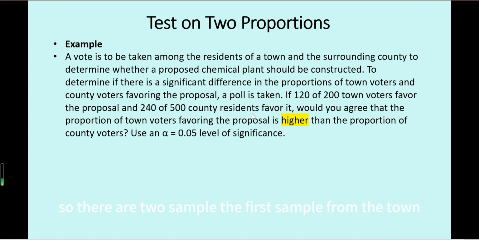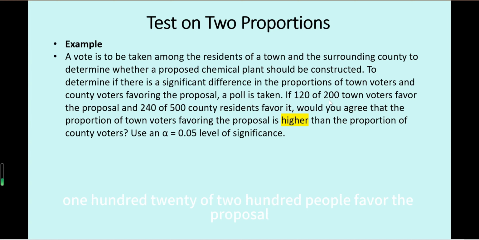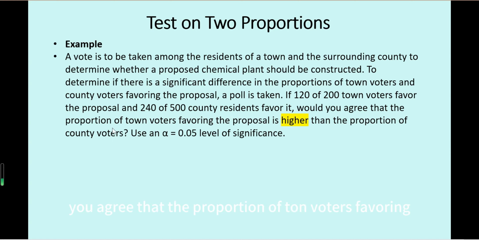The first sample from the town, 120 of 200 people favor the proposal. And for the country residents, 240 people of 500 sample size favor it. So the question is, would you agree that the proportion of town voters favoring the proposal is higher than the proportion of country voters? Use alpha equals 0.05 level of significance.